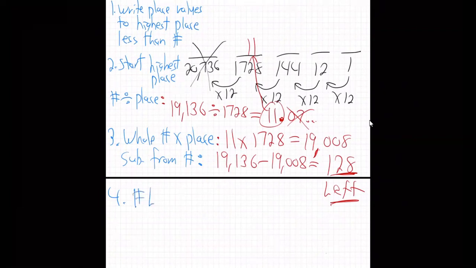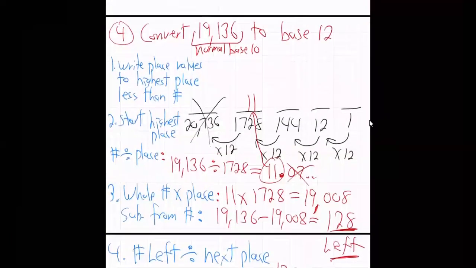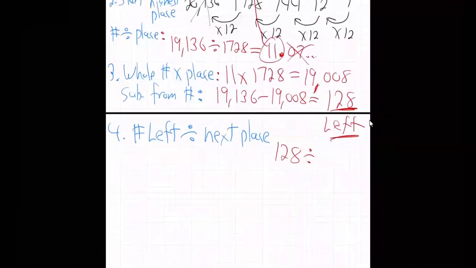Take the number that is left and divide by the next place. So what number is left? Well, 128 divided by the next place. What's the next place? The 144's place, right?